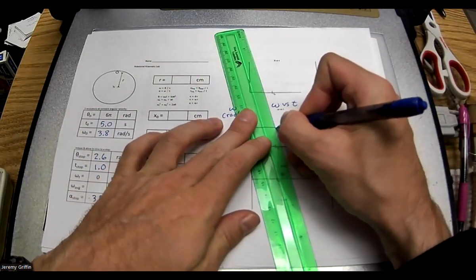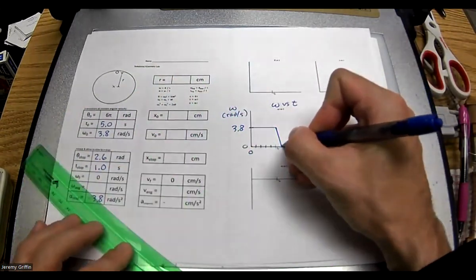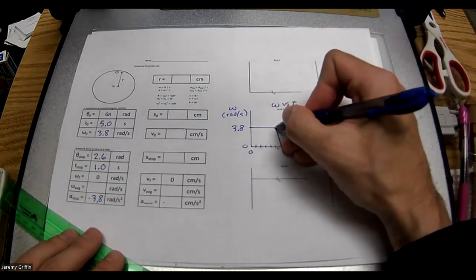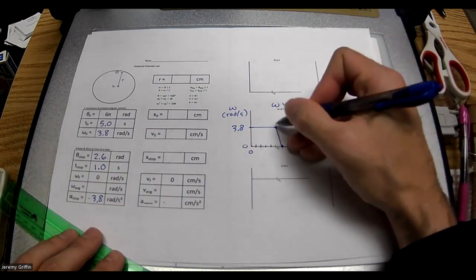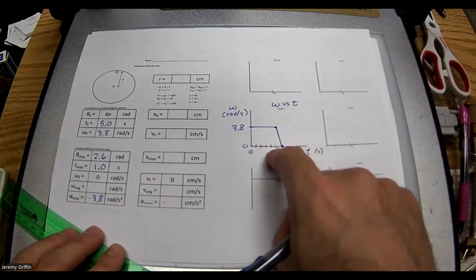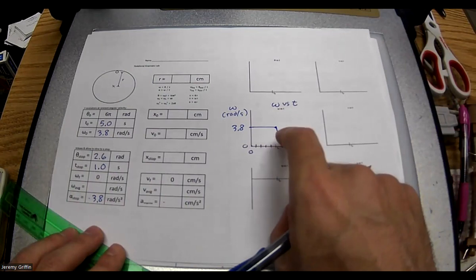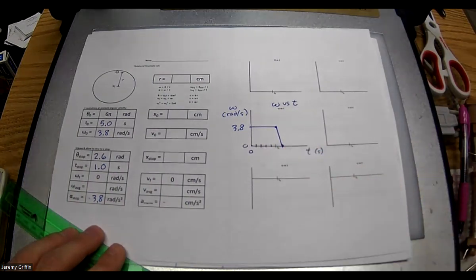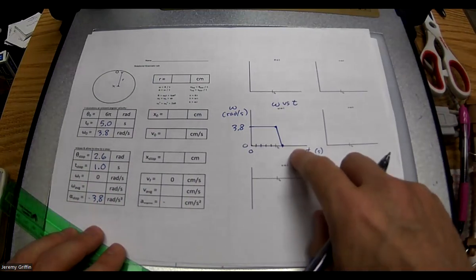And then after 1 second, it pretty quickly went to 0. Right. Might change these numbers later so that it doesn't look so steep. It took 5 seconds, and then followed by 1 second. Okay. Guys good? All right.